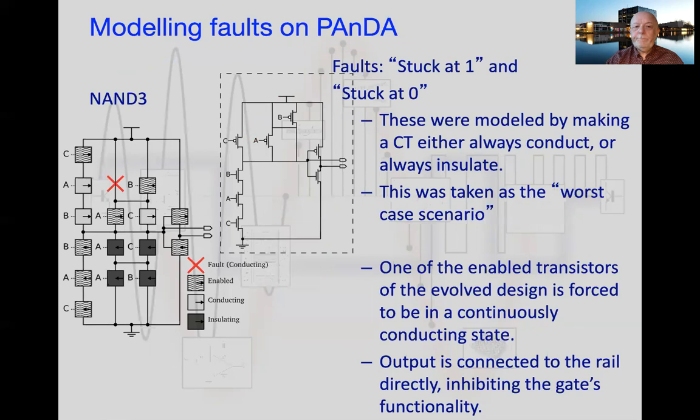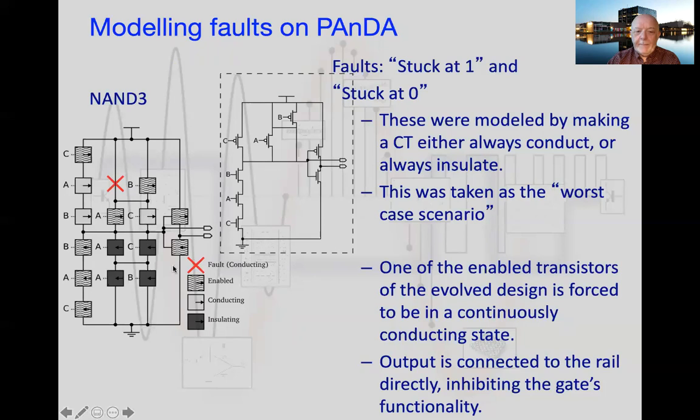evaluation. So what we're going to look at here is a 3-input NAND gate. Remember, this is one of the configurations we can do easily on the PAnDA chip. Let me explain in a bit more detail what these colorings of the boxes mean. If a box has wavy lines like this one, it means it's enabled, so it's acting as a functional transistor within the circuit.